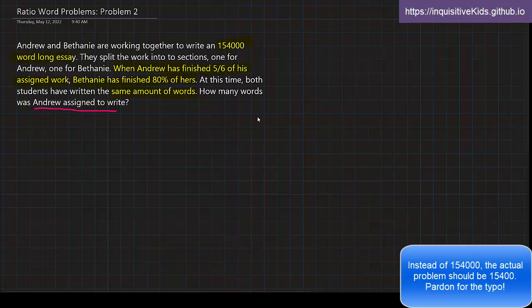So, let me first clarify something. When we're reading these problems, we have to be really, really specific. And right here it said that they split the work into sections. And when it says sections, it doesn't mean it has to be equal parts, or else it would have said equal sections. So we have to be really, really specific when we're trying to understand and comprehend the word problem.